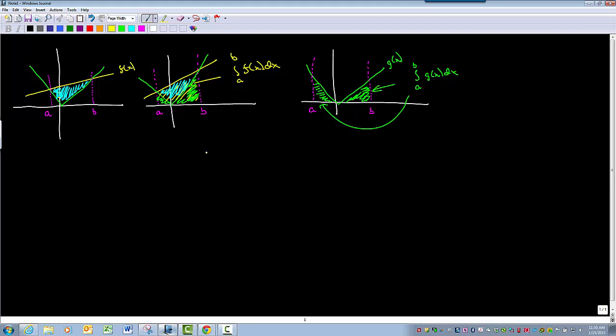So the idea is to take from a to b, f of x dx and subtract off from a to b g of x dx. And that will equal the blue area, which is the region between the curves.